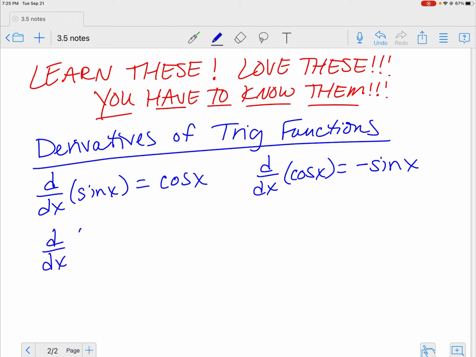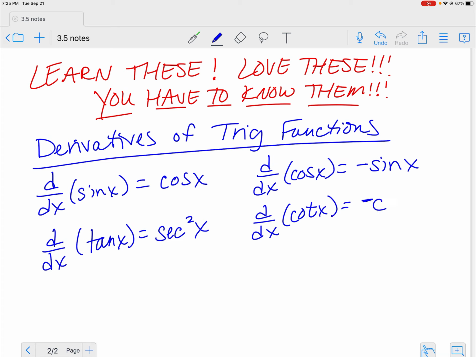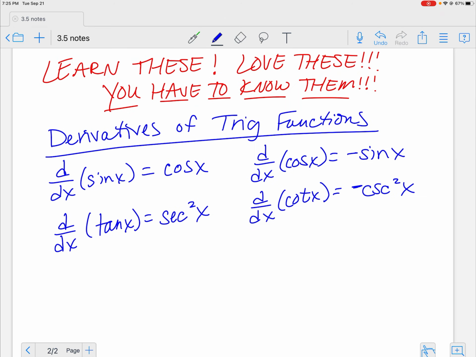The derivative of tangent is secant squared. The derivative of cotangent is negative cosecant squared.